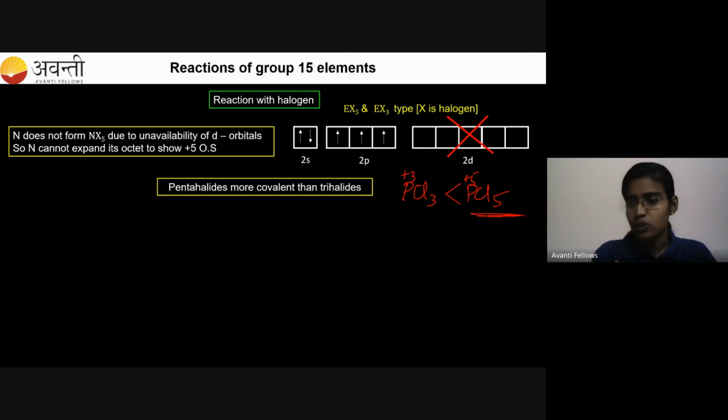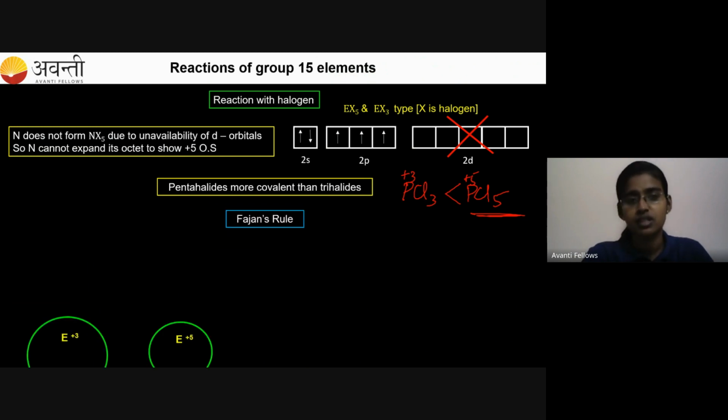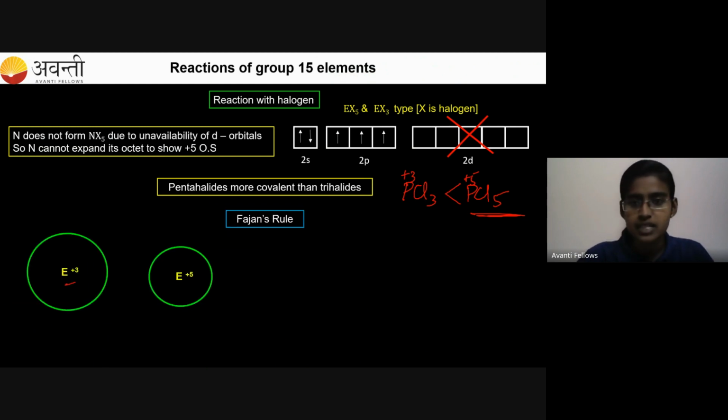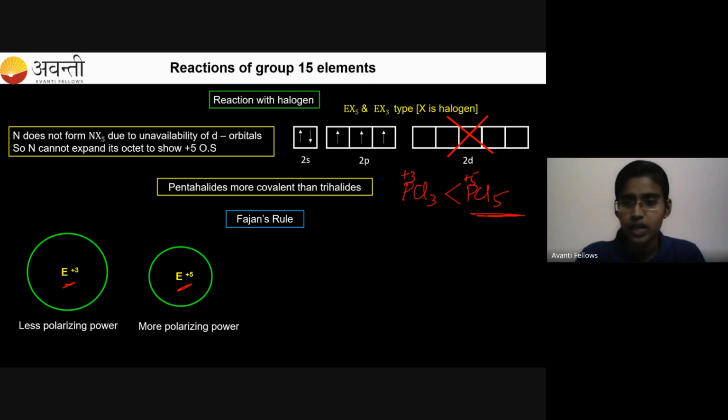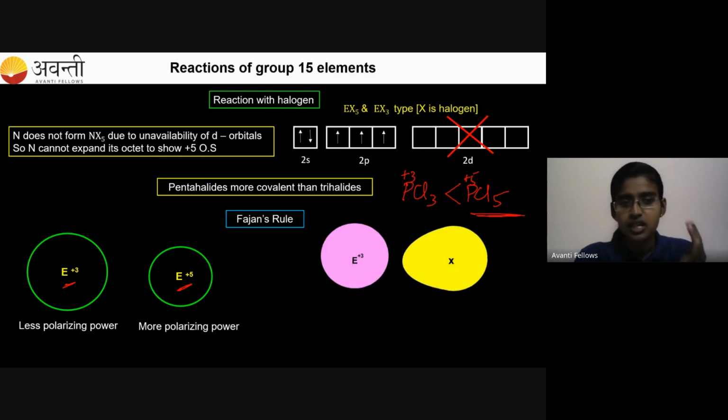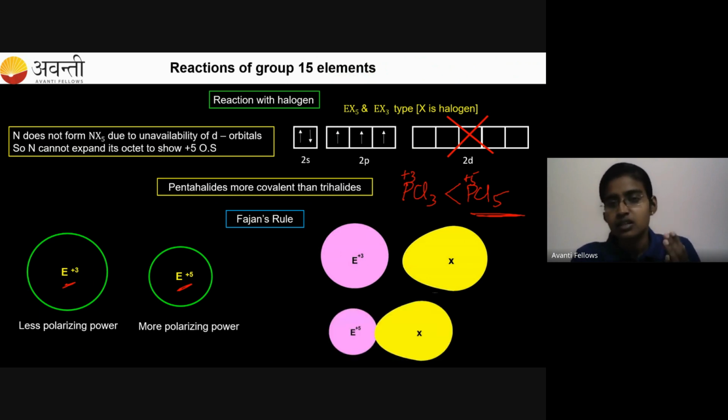So this concept you might have studied in your class 11 chemical bonding under Fajan's rule. Right? So you can see now here the element is in +3 oxidation state. Here in +5 oxidation state, the size of the ion is very small when the charge is more. So the one which is bigger in size has less polarizing power, and the one which is smaller in size has more polarizing power. So what happens? The +3 oxidation state element will form a bond like this, and the +5 element like this.